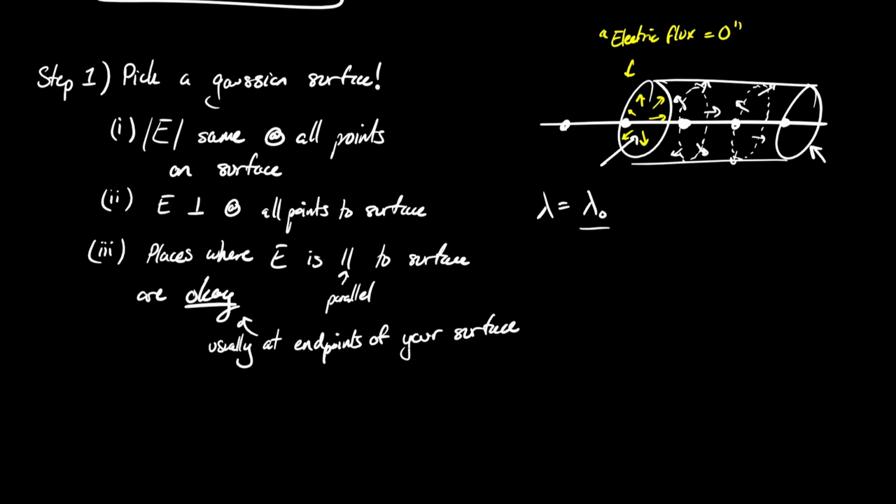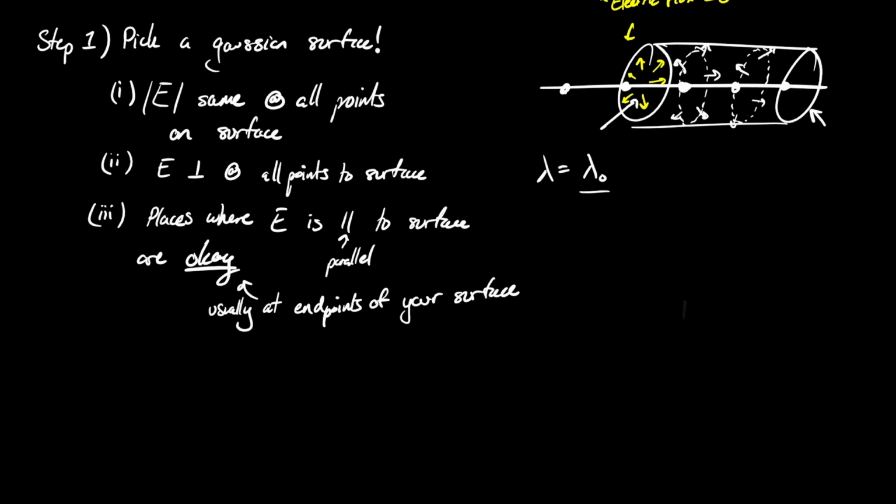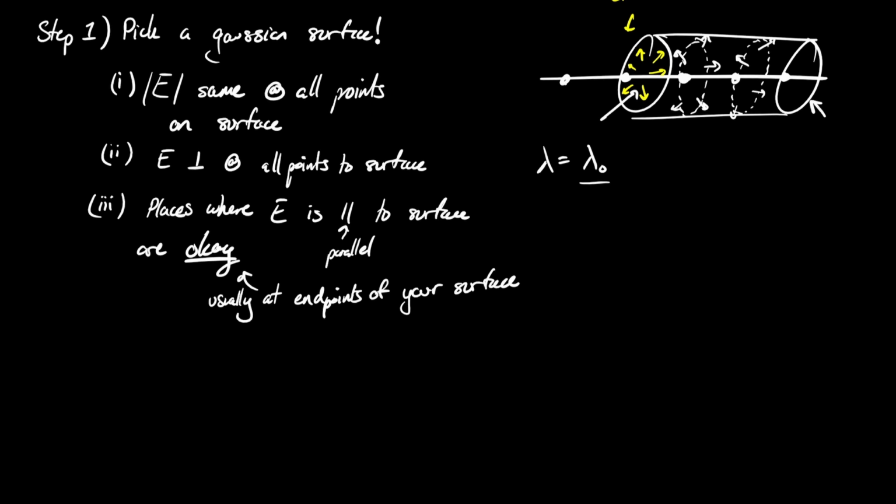So you don't have to worry that the surface doesn't have the E field perpendicular everywhere. Places where the electric field is parallel to the surface are allowed, as long as at the rest of your surface, where the electric field going through the surface is not 0, it is constant. So we are allowed to have these endpoints. So it turns out the cylinder is the correct answer.